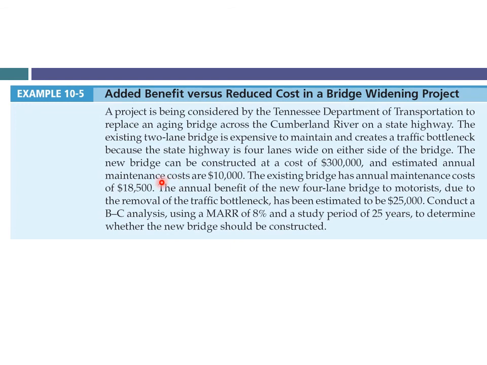In this example, you see this is the annual maintenance cost for the existing bridge. And when we replace this bridge, what will happen to this annual maintenance cost? It will be removed, right? So we can assume that this is an increased benefit, an added benefit.